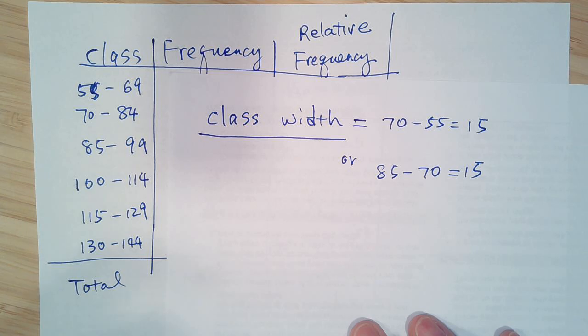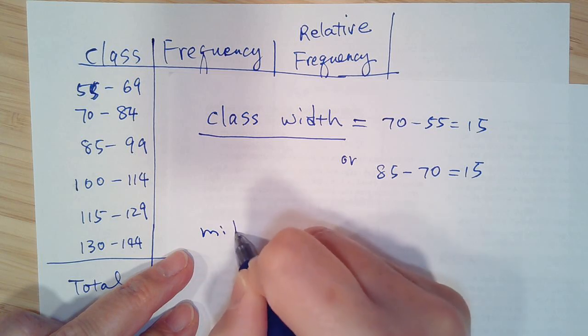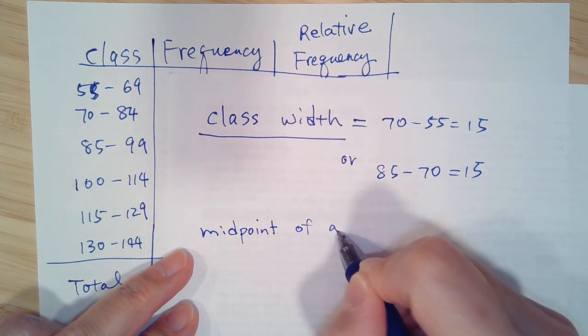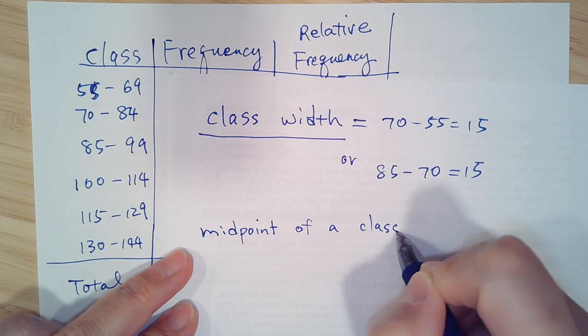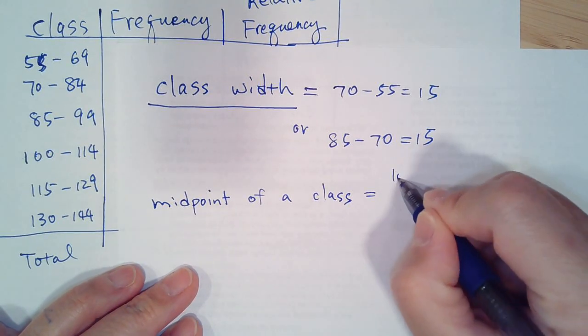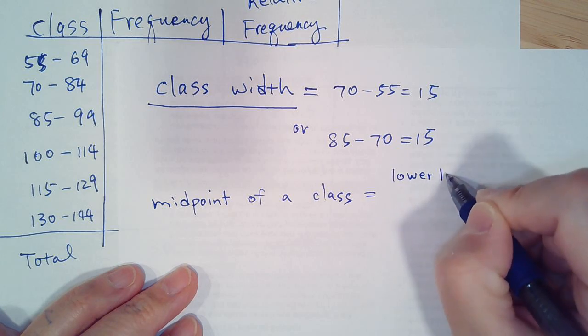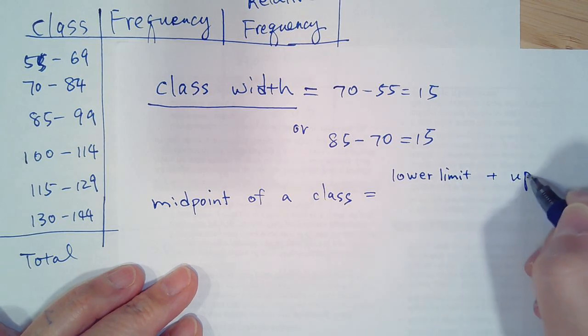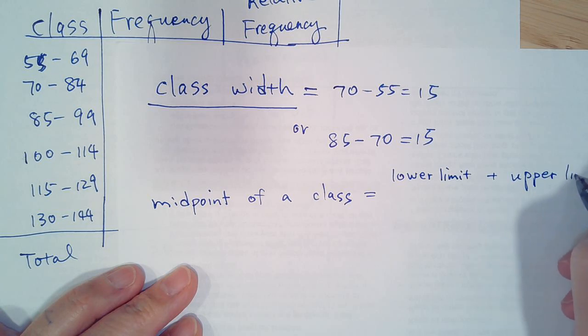And the other one is called the midpoint of a class. Midpoint of the class, which is you choose the lower limit and the upper limit, add up and divide by 2, which means you take the average of them.